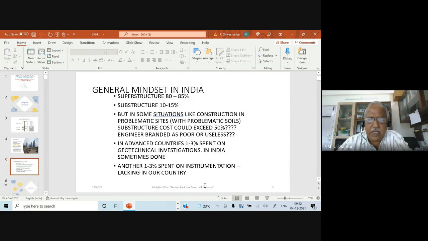but that's very rare in India unless it's a very important and major project. And also, a lot of instrumentation are put beneath the structure. In the structure, you may have settlement gauges, pore pressure transducers, you may have accelerometers for monitoring earthquake motion. But somehow it's still lacking in our country. That instrumentation is very rarely seen, because if you have instrumentation, you can measure the settlements, you can measure the deflections, you can measure the pore pressures.